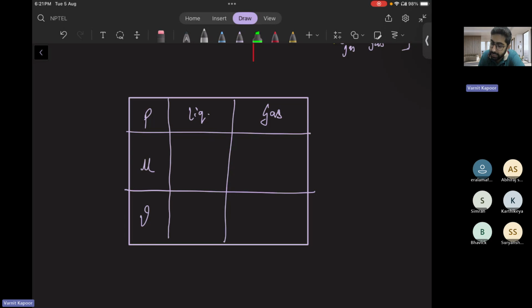We have seen that with increase in pressure, there is no effect on liquid for kinematic as well as dynamic viscosities. Whereas with increase in pressure, dynamic viscosity of the gas doesn't change, but kinematic viscosity of the gas decreases.